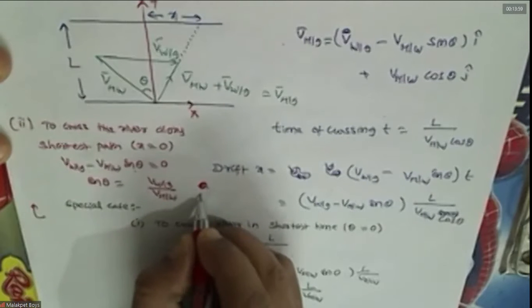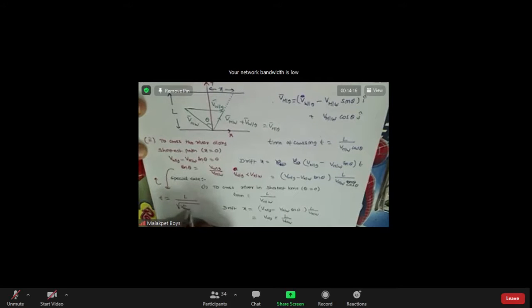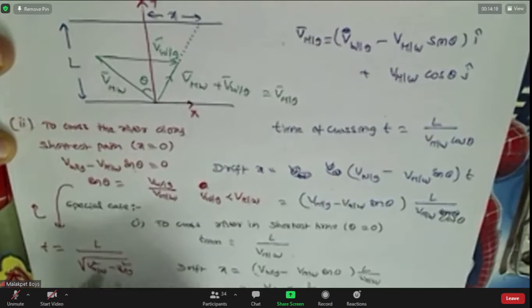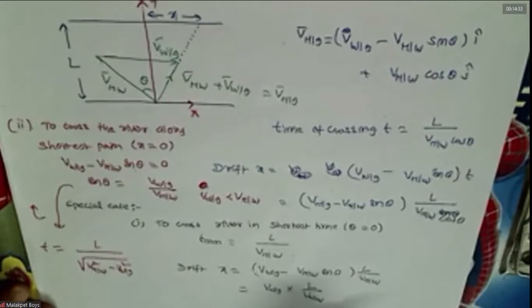So here VWG must be less than VMW. Understood this? The other thing is, in this case, the time of crossing will be L by root over. Agreed or not? Clear? So these are the different aspects we discussed.